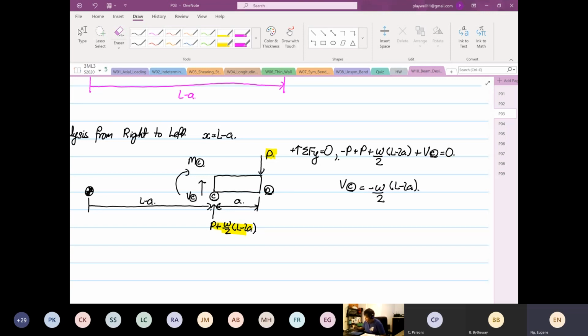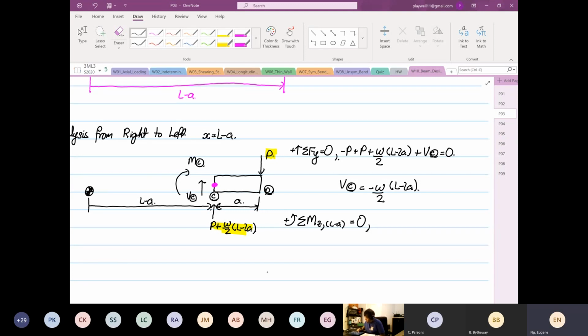Then we're going to take our moment, summation of moment in the Z direction, where x is equal to L minus A, the whole thing will be equal to 0. We're going to take a moment down here, where the pink dot is.